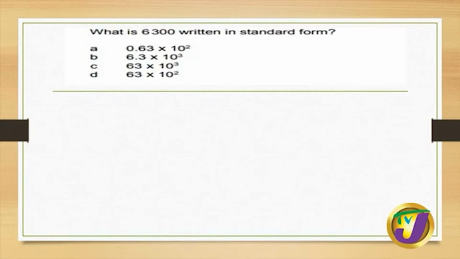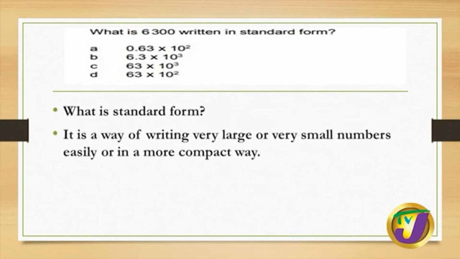Now, next question. Standard form. What is 6,300 written in standard form? Okay, let us look. So what is standard form first thing? It is a way of writing very large or very small numbers easily or in a more compact way.